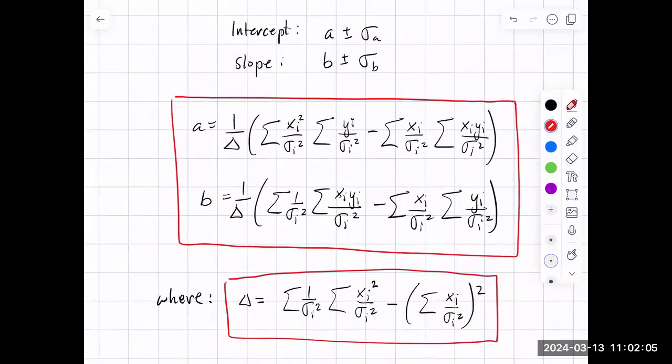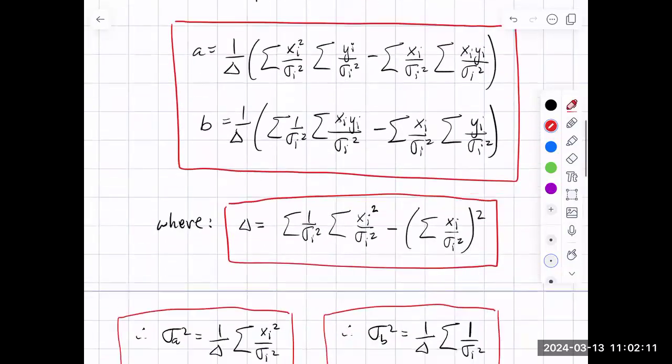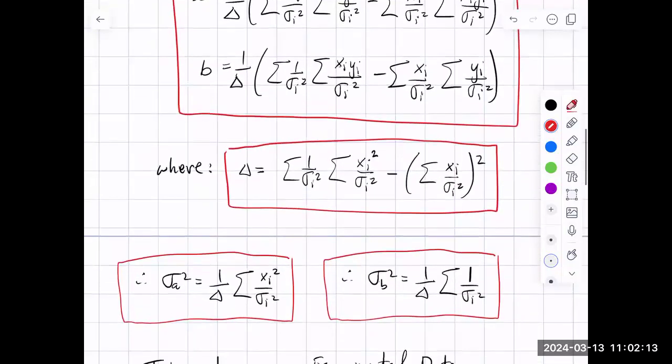We also applied propagation of errors to these two expressions, and we determined the uncertainties in the intercept and slope. One of the nice things about those uncertainties is that they are determined from the same quantities that we would have to calculate in order to find the slope and intercept in the first place.